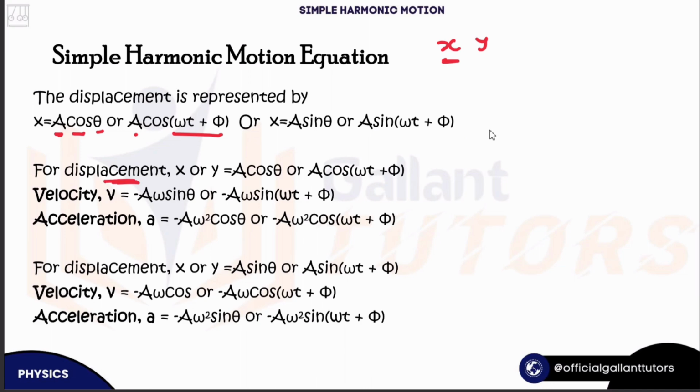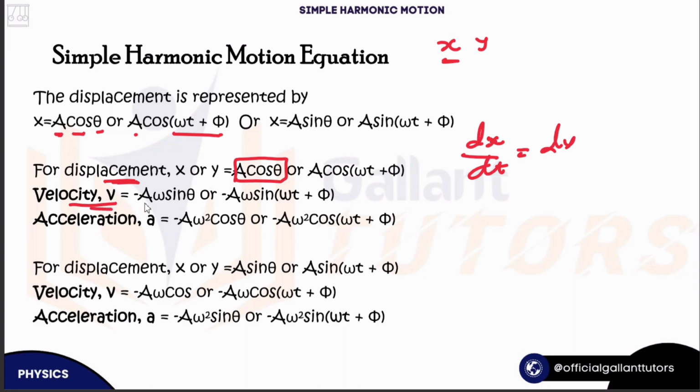So for displacement, when displacement is A cos theta, or A cos of omega t plus the phase angle, by differentiating this we get something. Remember, differentiation is not in this mathematics video, so I don't want to complicate things. But if we differentiate x with respect to t, we're going to get our velocity, v.